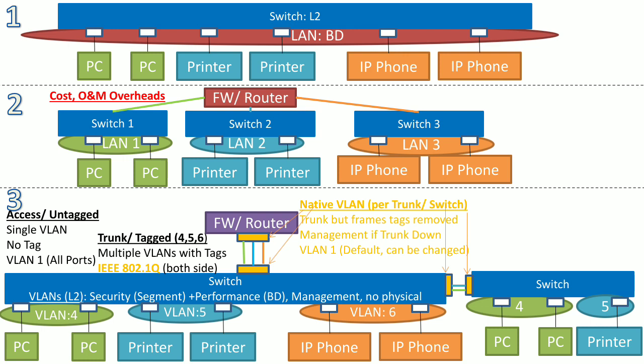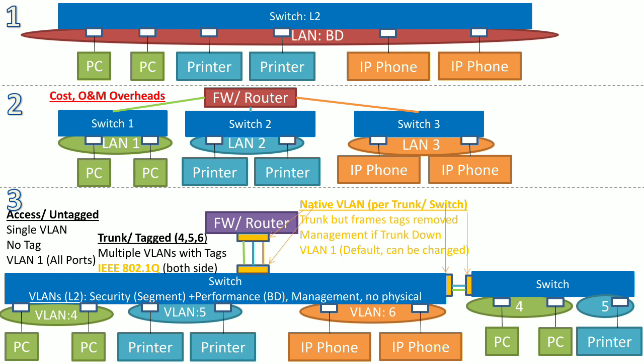Now once a switch sends traffic to the other end of the trunk port, it will strip off the tag of the native VLAN, and once the router receives the frame from the switch without a tag, it will know that it belongs to the native VLAN, because only frames without a tag are for the native VLAN.